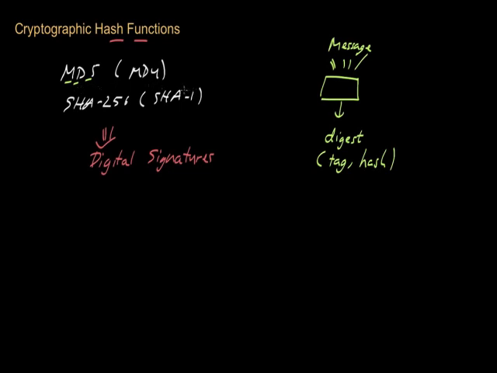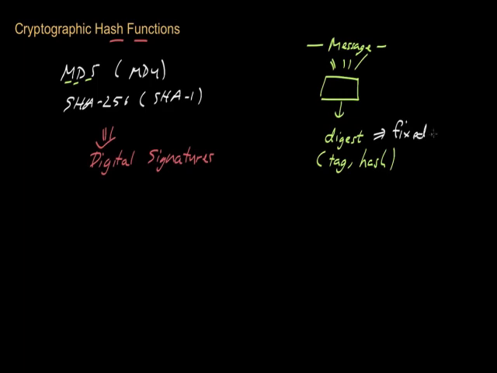Now the message, as I mentioned briefly, can be of arbitrary size. It can be as long as you want or as short as you want, but the size of the digest, or the size of the tag, is going to be fixed in length. For example, with a hash function like SHA-256, the digest will be exactly 256 bits in length.